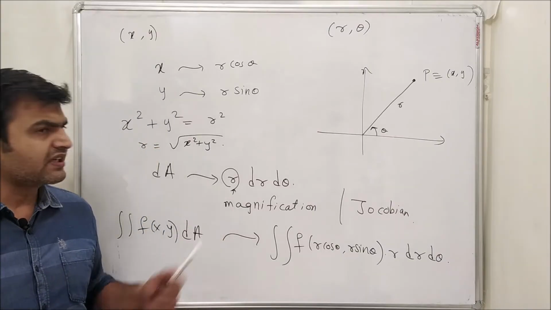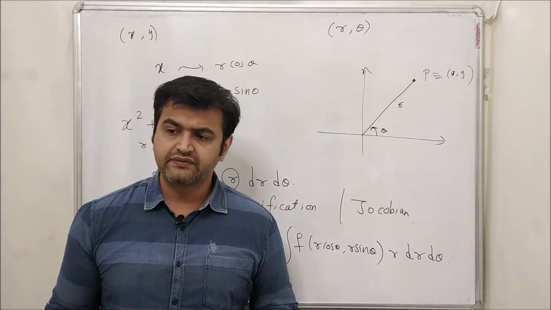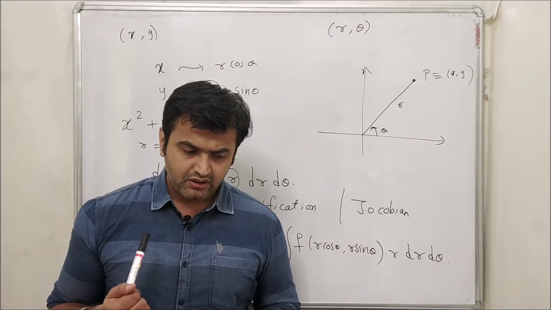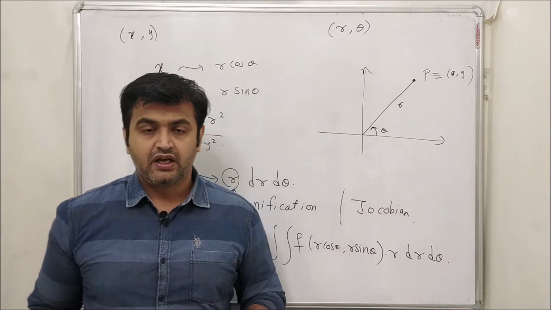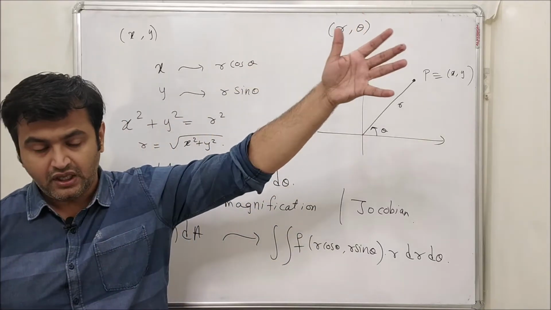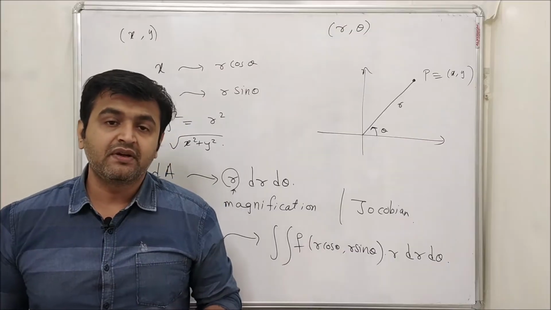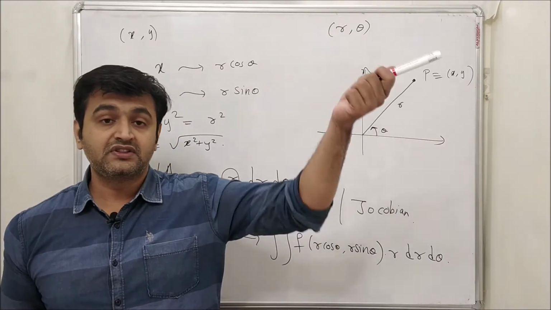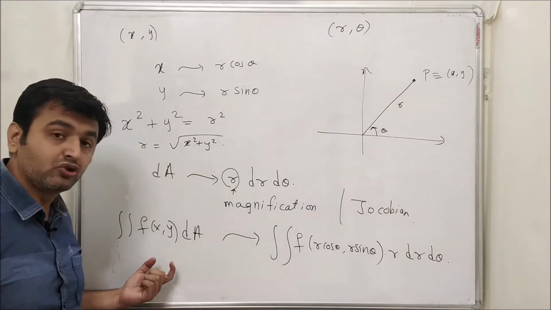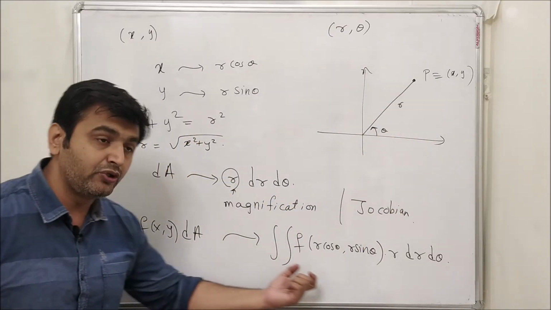To motivate why this magnification factor comes into the picture, suppose the earth is one world and the moon is another world, and I want to see my weight on the moon. It's very difficult to go to the moon and measure it, just as it's difficult to solve problems in Cartesian, which is why we go into polar.